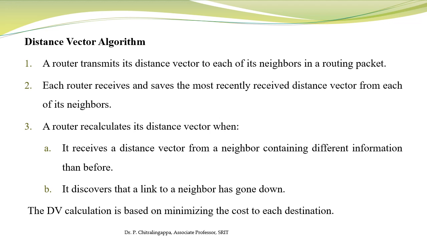Each router receives and saves the most recently received distance vector from each of its neighbors. A router recalculates its distance vector when it receives a distance vector from a neighbor containing different information than before, or when it discovers that a link to a neighbor has gone down. The distance vector calculation is based on minimizing the cost to each destination.